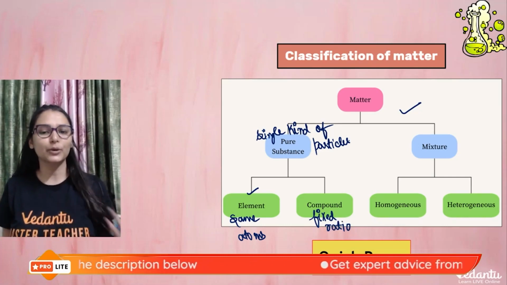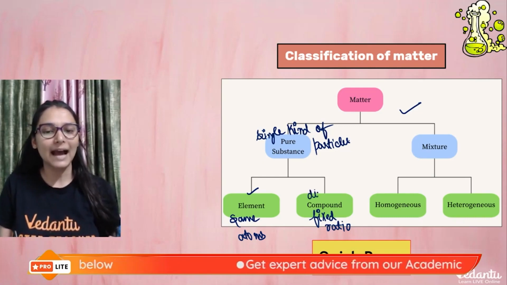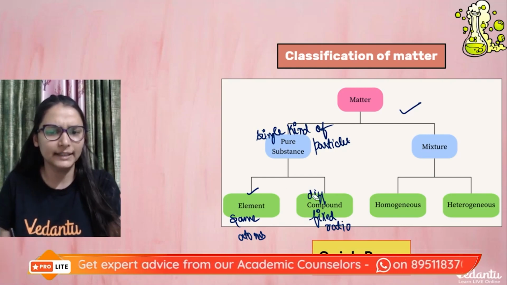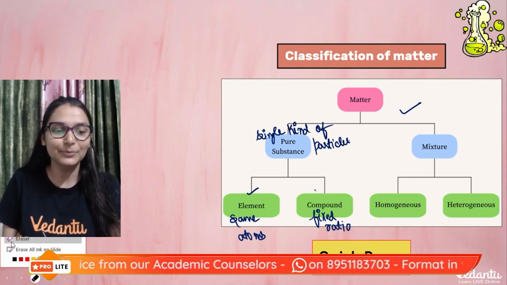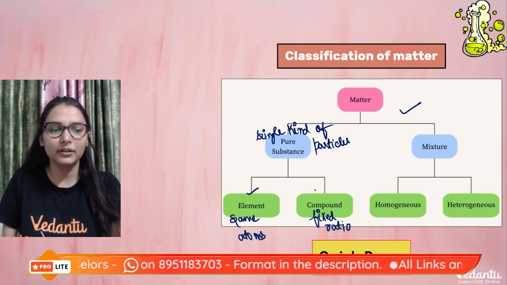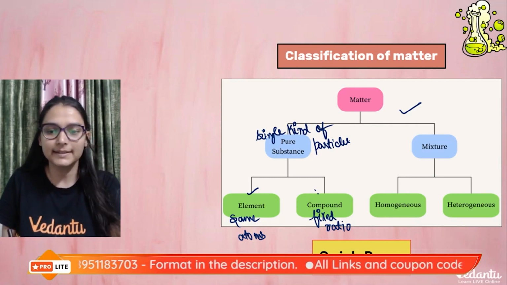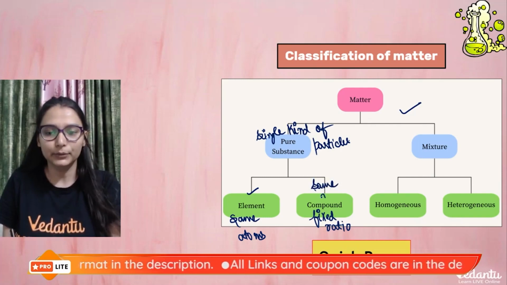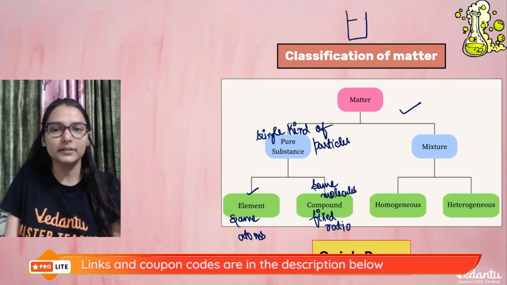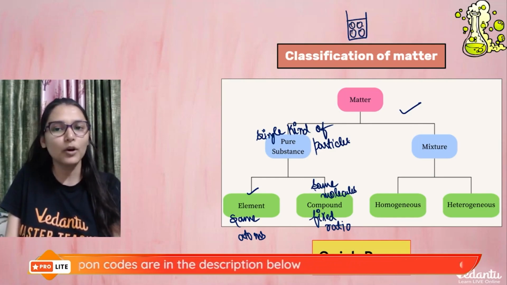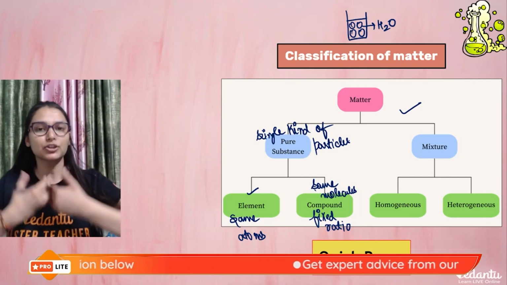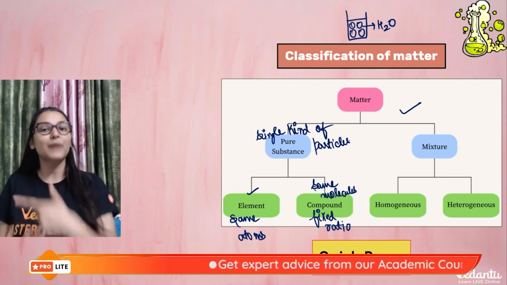In a simple language, compounds are made up of the same kind of molecules. For example, if you have a glass of water, then all the molecules are water molecules. Every molecule is H2O, hydrogen and oxygen chemically combined in a fixed mass ratio.